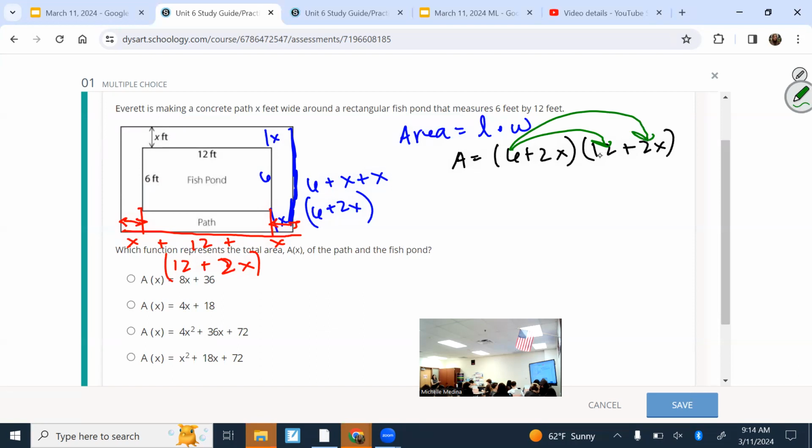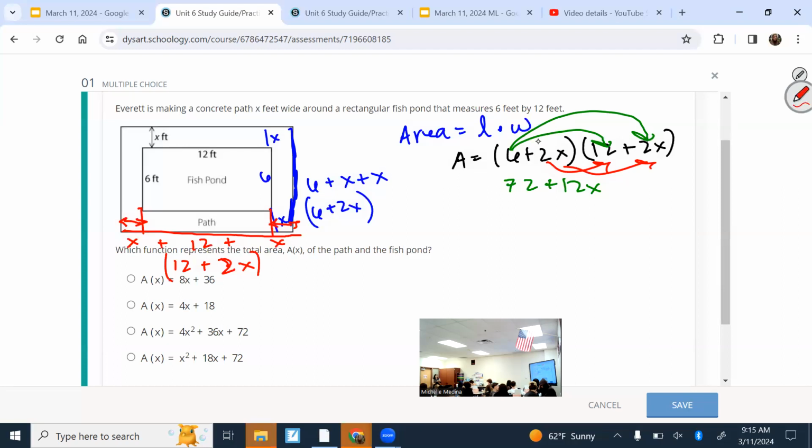So what's 6 times 12? 72. 6 times 2X? 12X. And then I need to distribute this other term that I haven't touched at all. This 2X, I need to now multiply by the whole other parentheses.